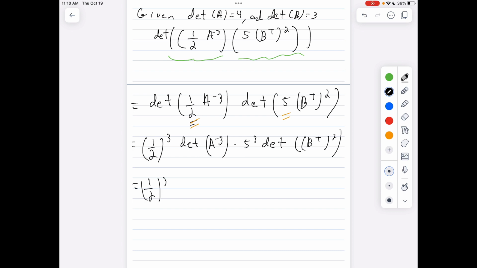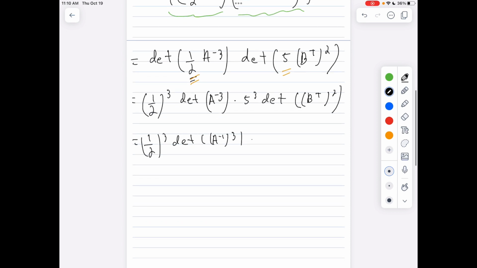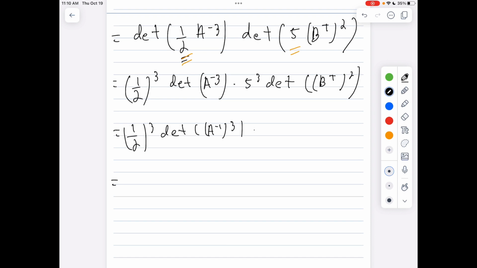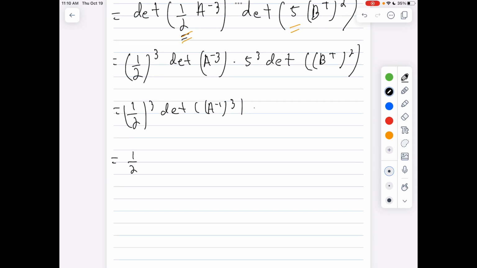A to the minus 3 is like saying A to the minus 1 to the third power. Let me write this down vertically, 1/2 to the third. This would be like saying determinant of A to the minus 1 times A to the minus 1 times A to the minus 1.